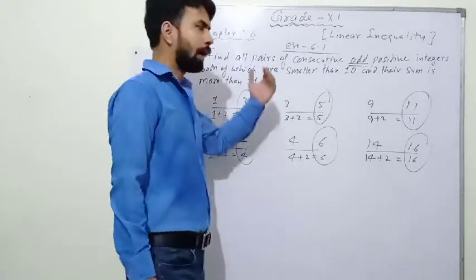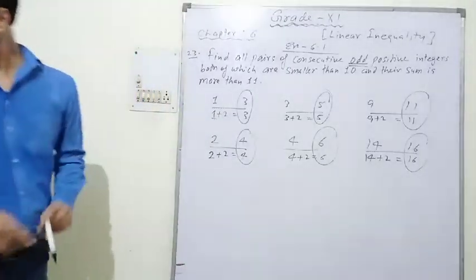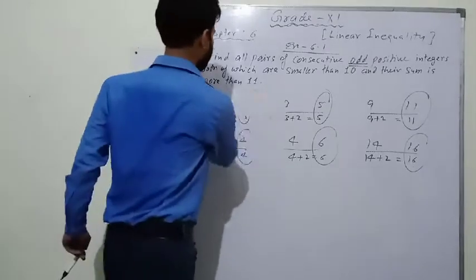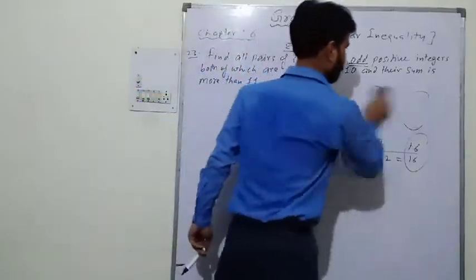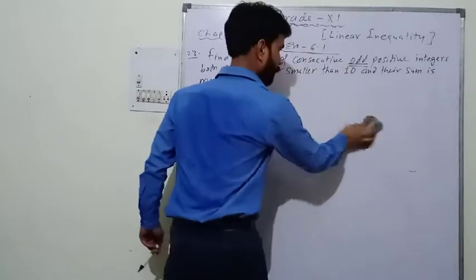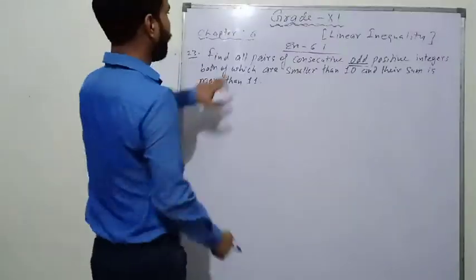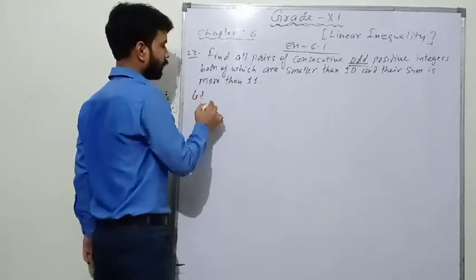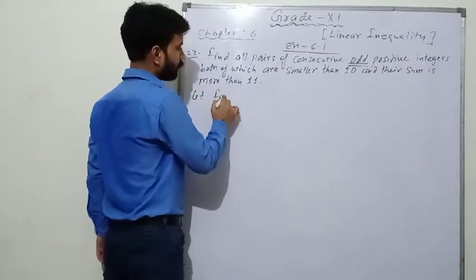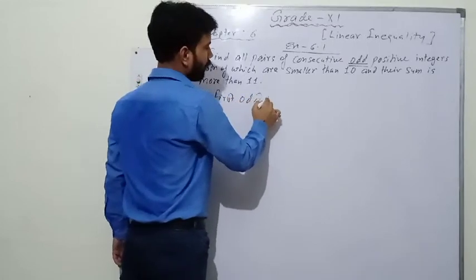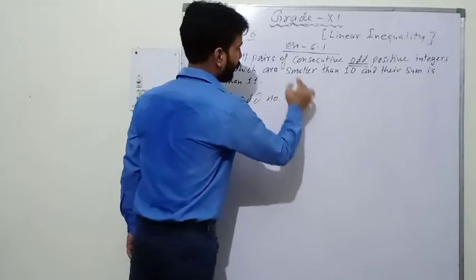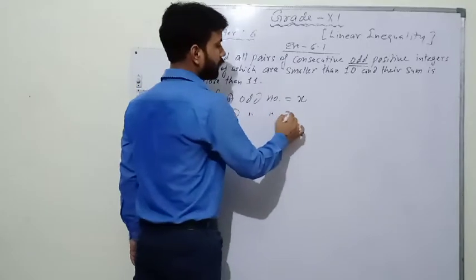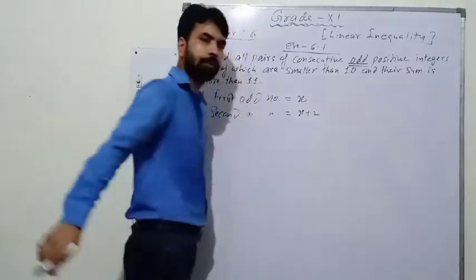So now I am going to solve this question. Pay attention here. Find all pairs of consecutive odd positive integers. So let the first odd number equal x and the second odd number equal x plus 2.